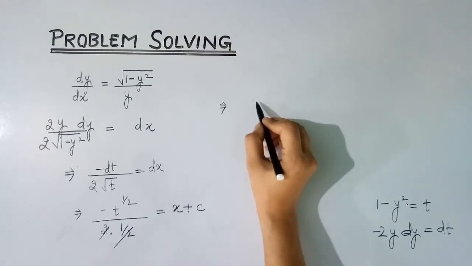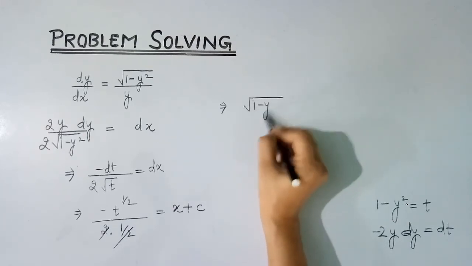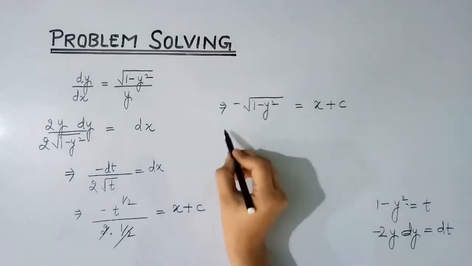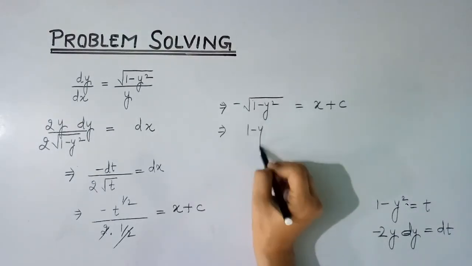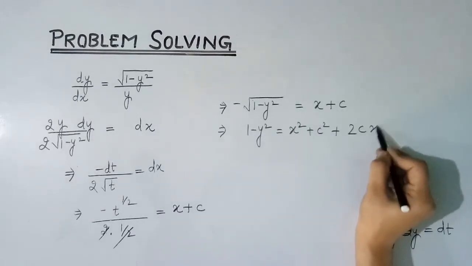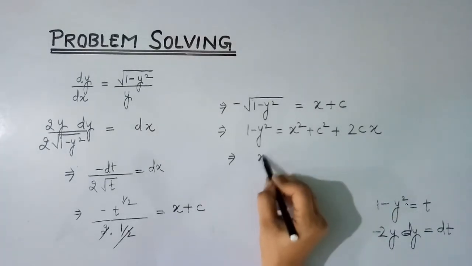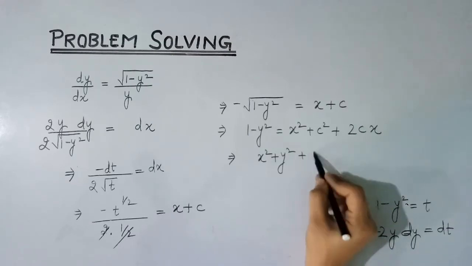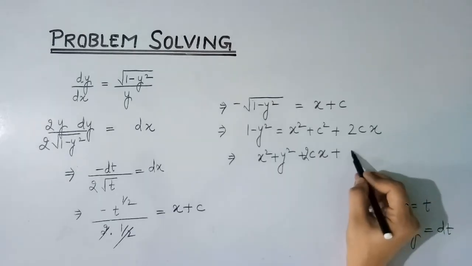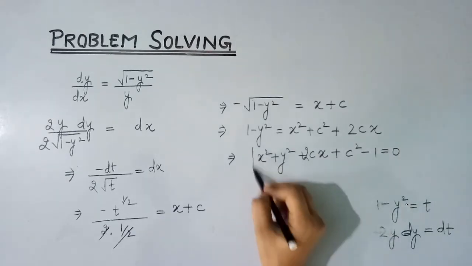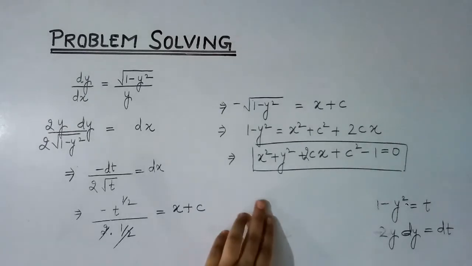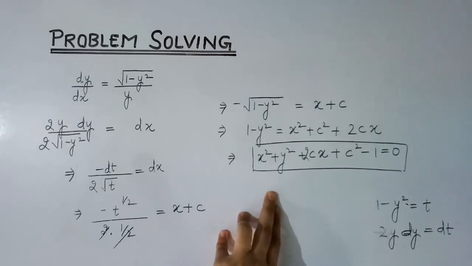So we will get, squaring both sides. And this is the obtained equation, and you can see that this is the equation of a circle.